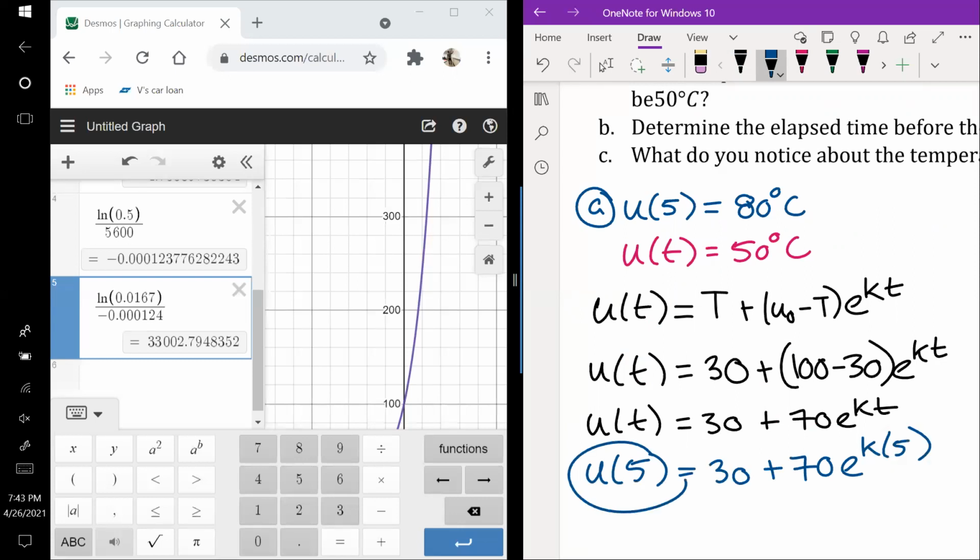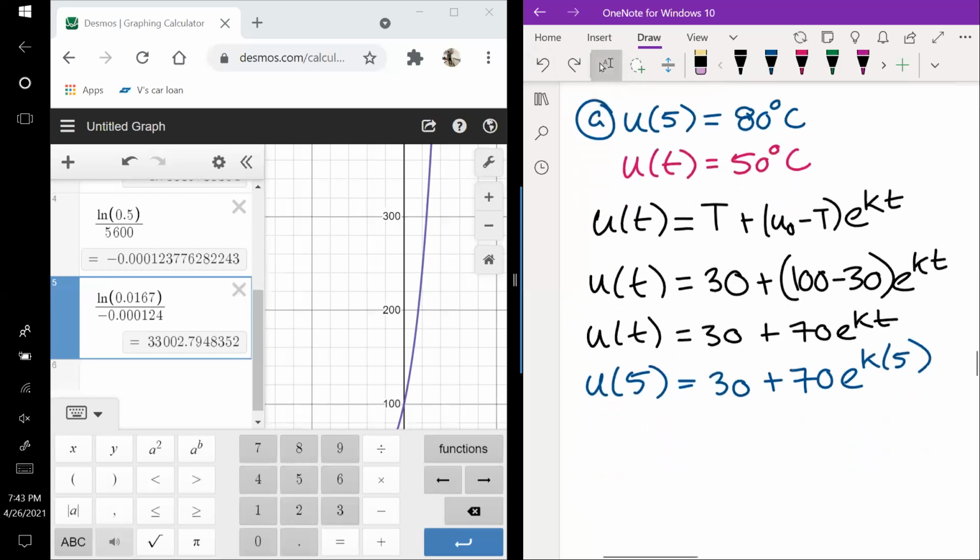But we know that U of 5 is 80 degrees Celsius, so we will substitute that in. Here we get 80 equal to 30 plus 70 e to the 5k. And now we solve for k like we've been doing.